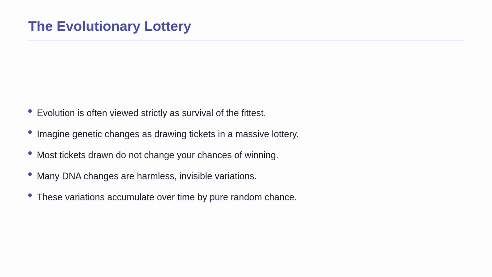They might just change the color of the paper your ticket is printed on, which does not matter to the lottery machine. This is the core idea behind the neutral theory. It tells us that not every change in our DNA is a matter of life and death. Most changes are just harmless, invisible variations that accumulate over time by pure chance.